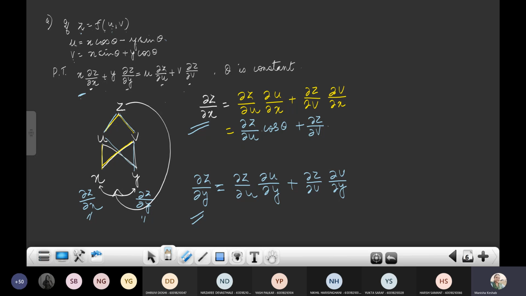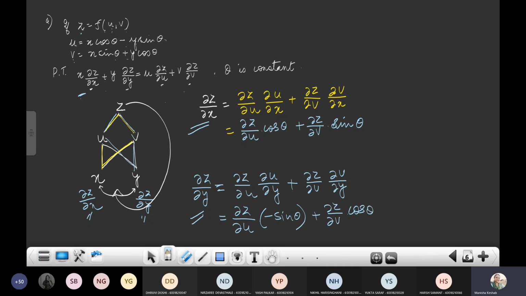But ∂v/∂x we can find, and that is equal to sin theta. Similarly यहाँ पे हमें मिलेगा ∂z/∂u into ∂u/∂y. So ∂u/∂y के लिए हमें मिला minus sin theta, plus ∂z/∂v into ∂v/∂y. So ∂v/∂y के लिए यहाँ पे आ गया हमें cos theta.